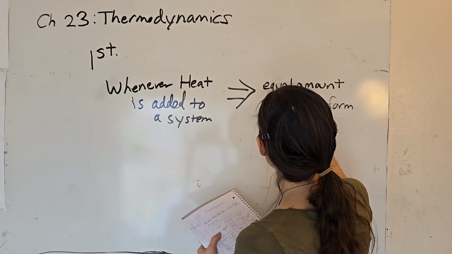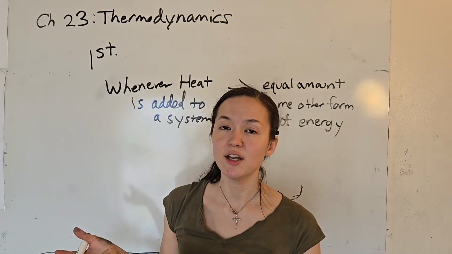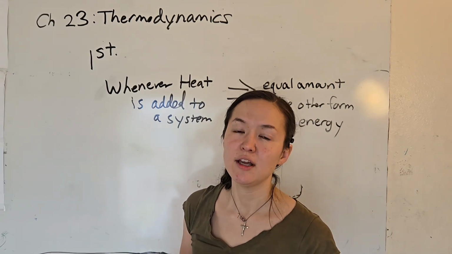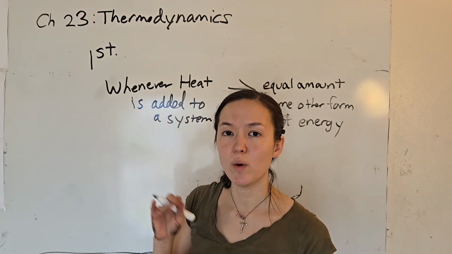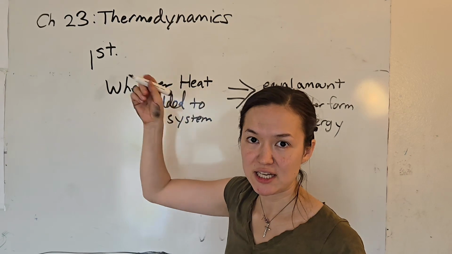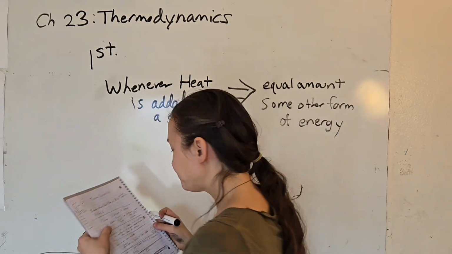And if you remember from last semester, this is really just the thermal version of the law of conservation of energy. That energy cannot be created or destroyed, that it is merely transformed from one form to another form. Like how gravitational potential energy becomes kinetic energy, that sort of thing.